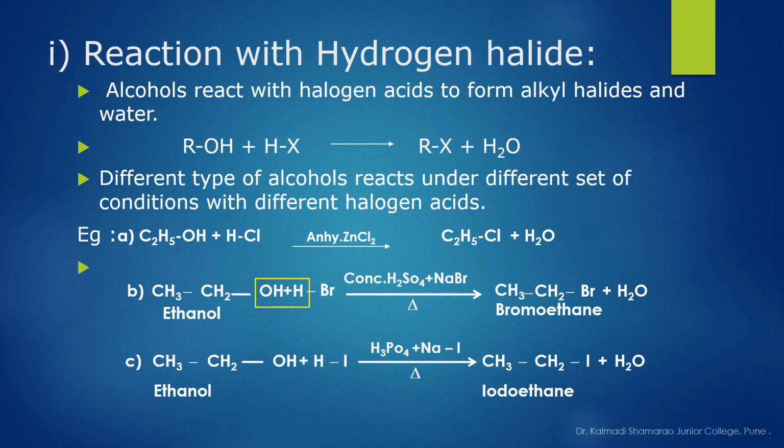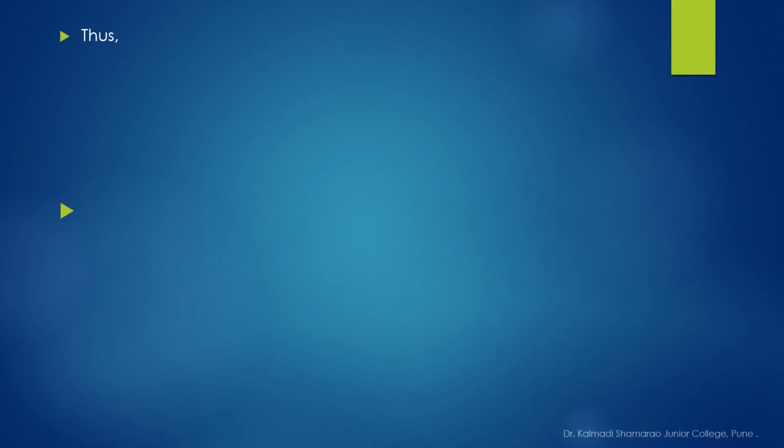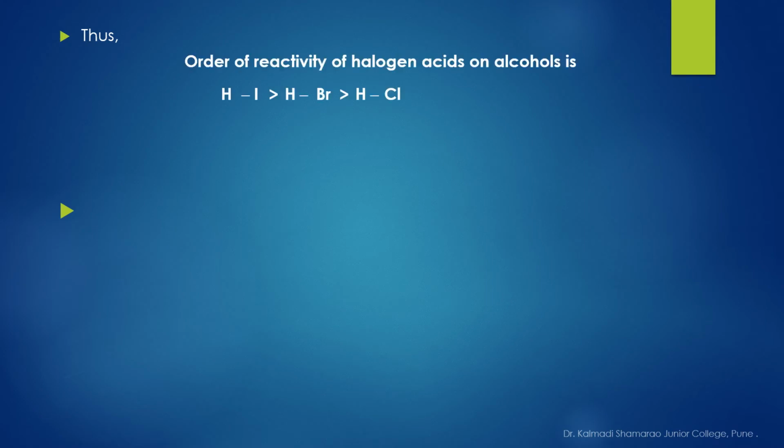Now these are examples where the same primary alcohol reacts with different types of haloacids under different sets of conditions to give the respective alkyl halide. Thus, the order of reactivity of halogen acids on alcohol is HI greater than HBr greater than HCl.